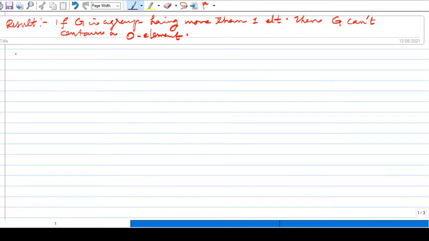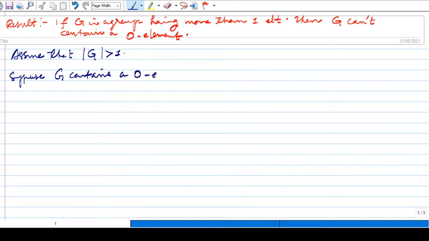So assume that the cardinality of G is greater than 1. Suppose that G contains a 0 element, right?